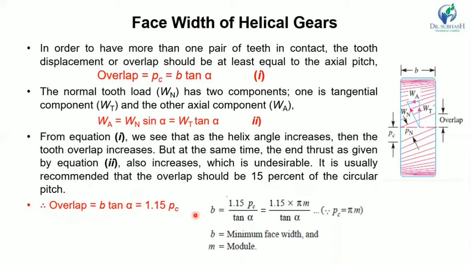From that, we can say the face width B is equal to 1.15 PC upon tan alpha, and PC is equal to pi into M, where M is the module. So face width is given by 1.15 pi M by tan alpha, where B is the minimum face width and M is the module.